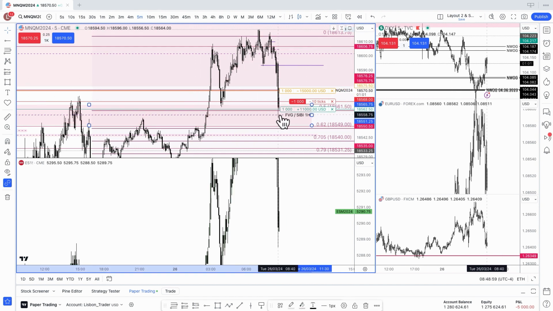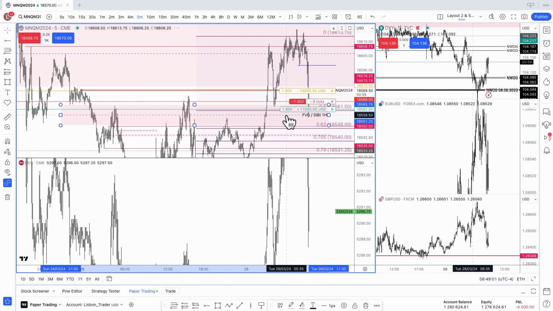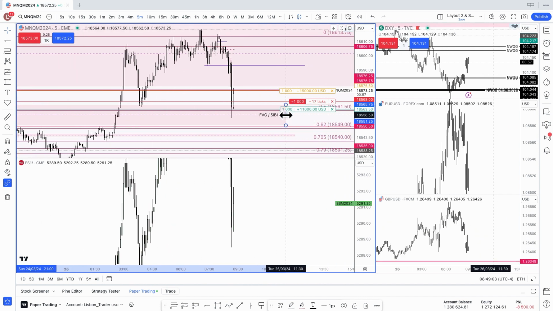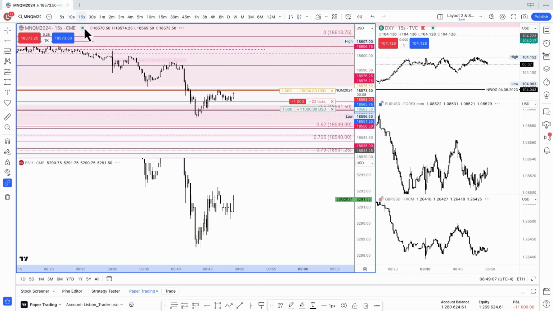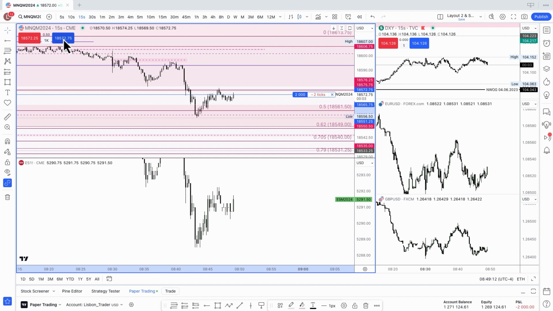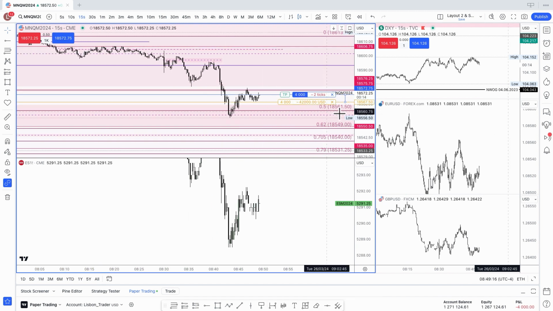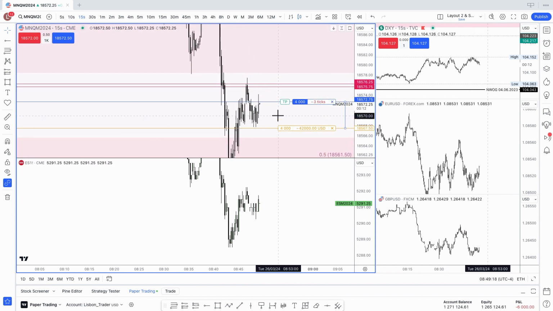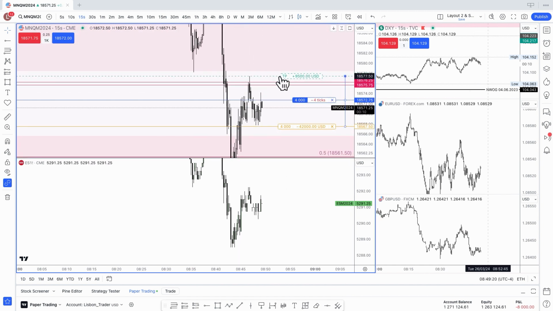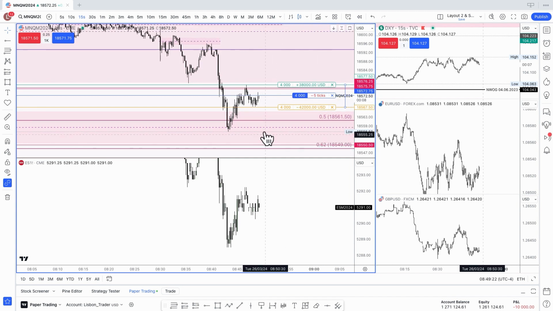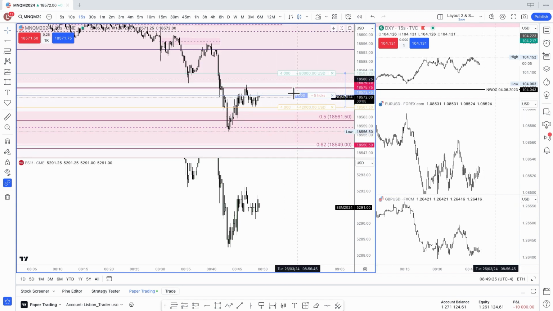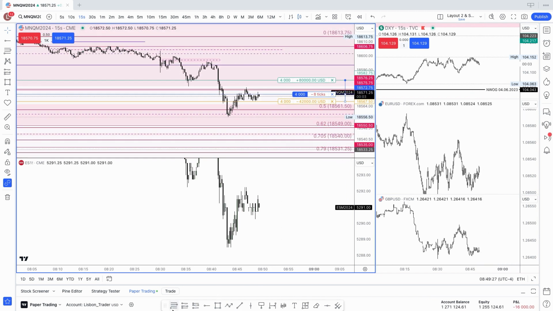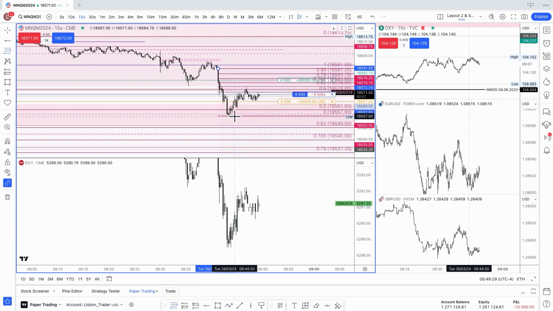Yeah, detect this old 1 hour sell side imbalance. Building a plateau here. So let's see if price can resume higher.